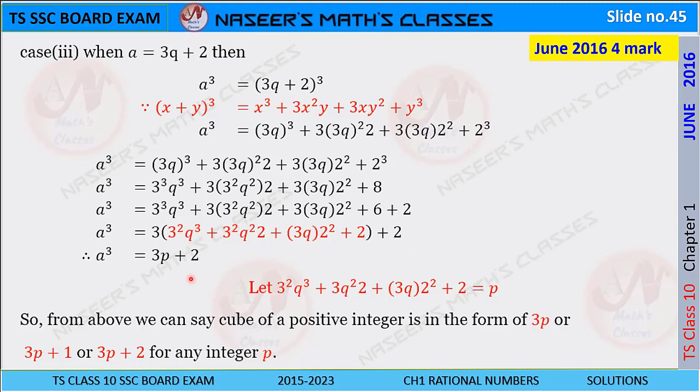So let what is in the bracket, let that one as p. Then we can write 3p plus 2. Therefore, we get a cube is equal to 3p plus 2. So from above we can say cube of a positive integer is of the form 3p or 3p plus 1 or 3p plus 2 for any integer p.